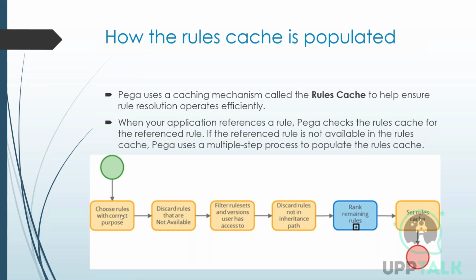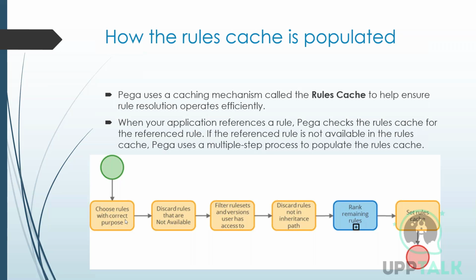The first one says, choose rules with the correct purpose. We'll be experimenting on each one of them today, but for now, just try to understand what they mean. Correct purpose, but what purpose? Purpose is going to be the name of your rule, the rule type, the class, the version.